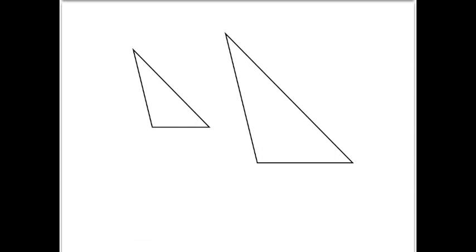So here we have two triangles, and let's again pretend that these corresponding angles are congruent, and then let's also pretend that the side lengths are as follows: this short leg here is 4, this short leg here is 6, this short leg is also 6, and this is equal to 9.